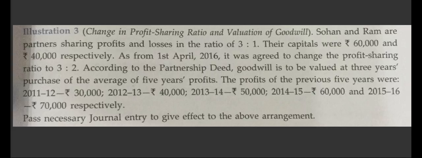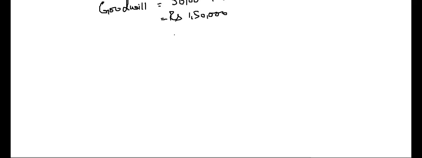Clear? Now we will calculate the sacrificing or the gaining share, because earlier they were sharing profits in the ratio of 3:1, and now they are going to share profits in the ratio of 3:2. Next we have calculation of sacrifice or gain.